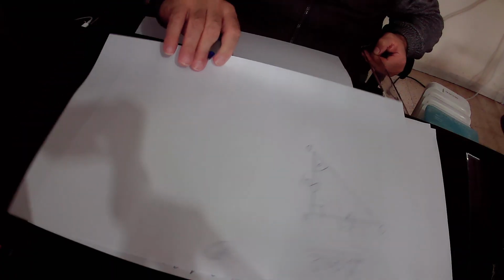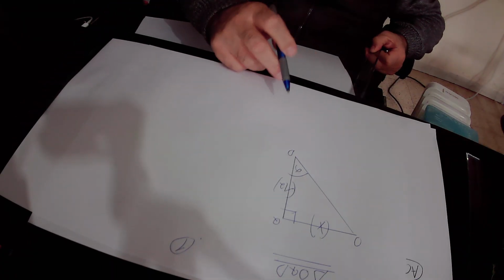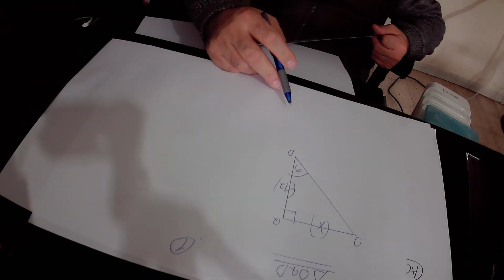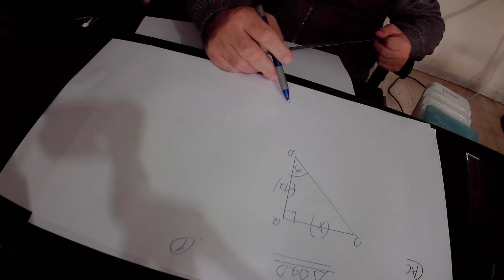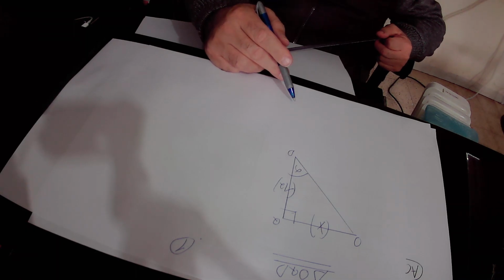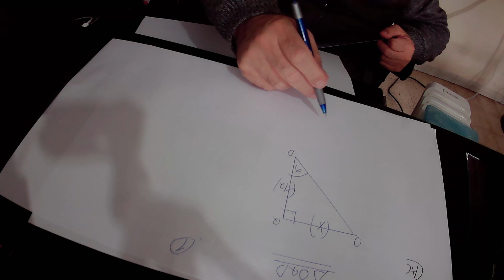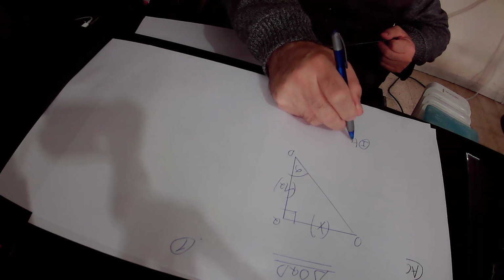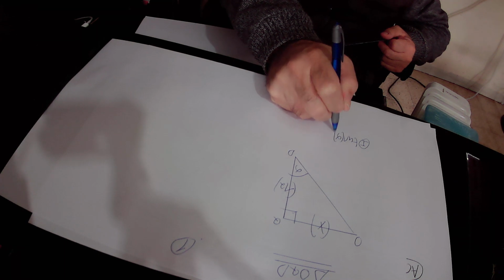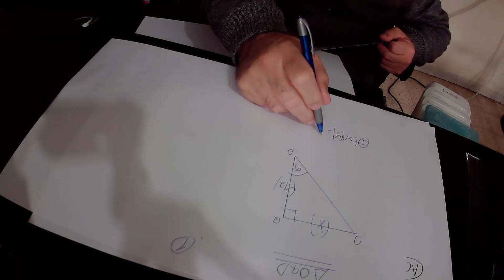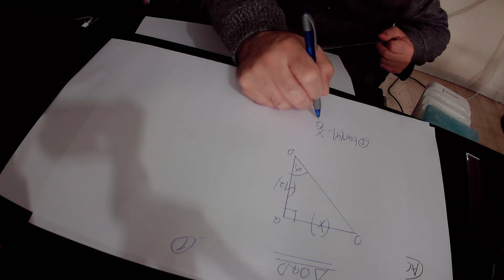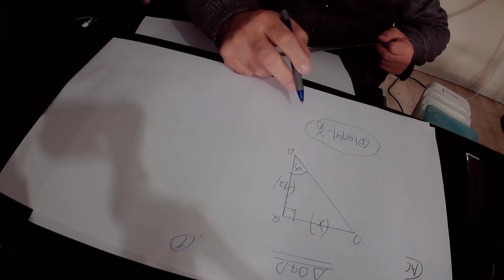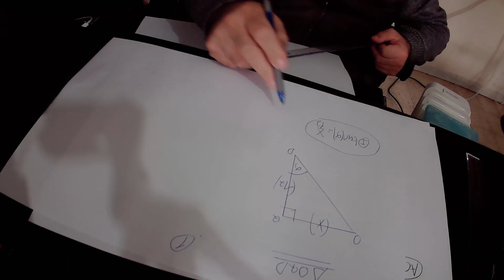So here, this is the right green triangle OQD that I copied from the original drawing. In this right triangle OQD, tangent alpha equals X over 12. Here, repeat again, in this right triangle OQD, tangent alpha equals X over 12.